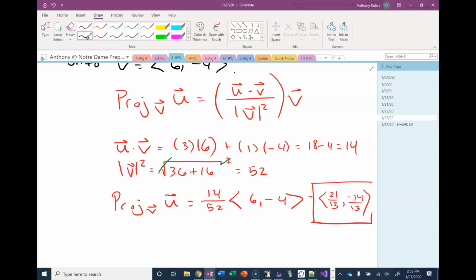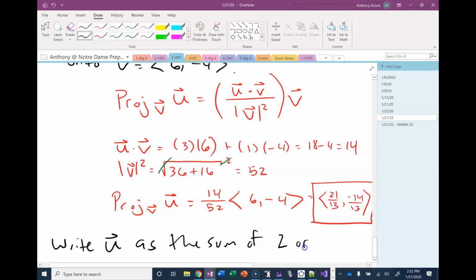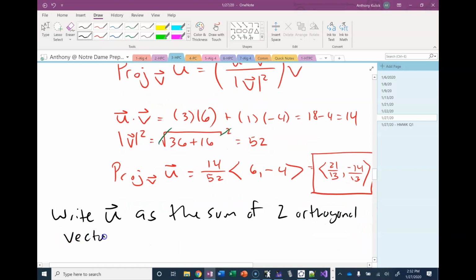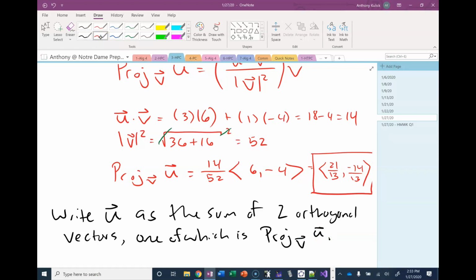So what I'm going to ask you to do now is to write that vector u as the sum of two orthogonal vectors.